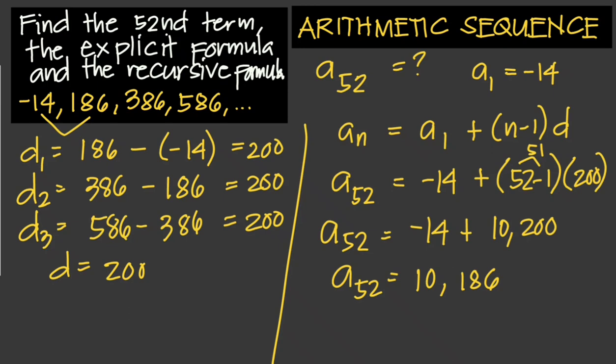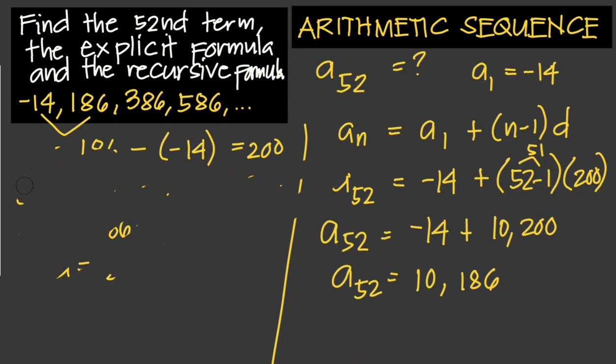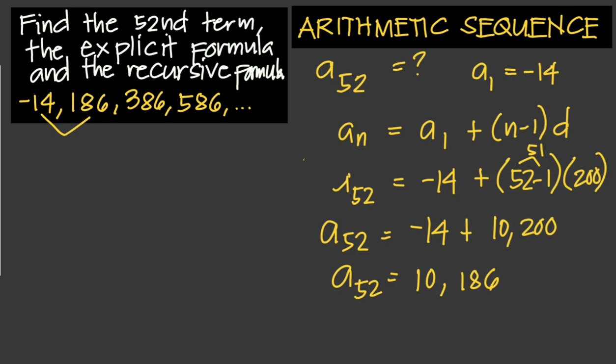So we already have our 52nd term, and now we need to write the explicit formula and the recursive formula for this sequence. We already have our d, which is 200, and our a sub 1, which is negative 14.